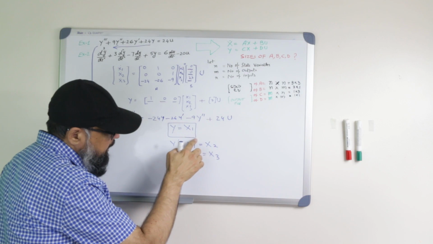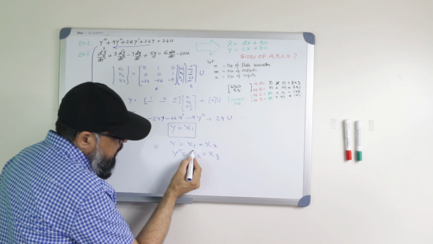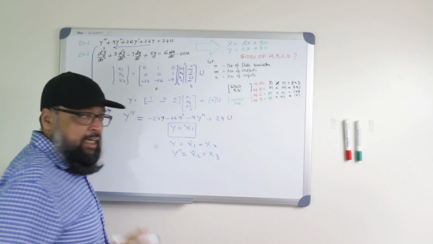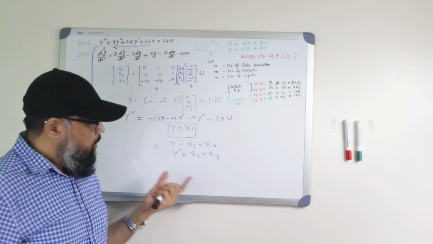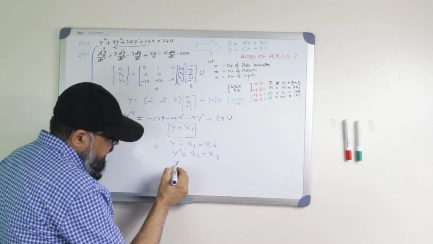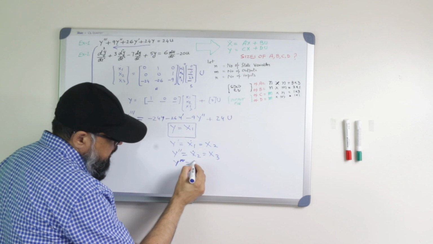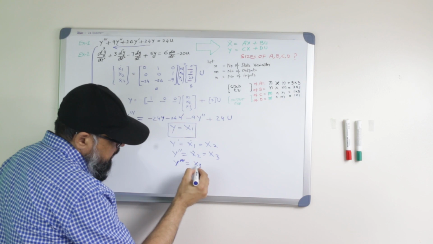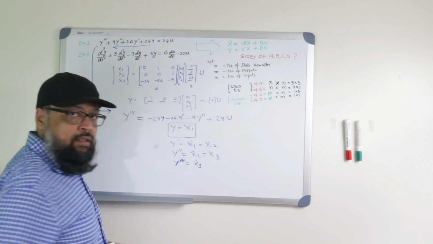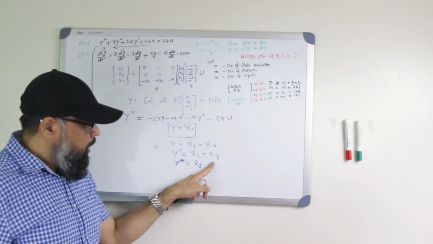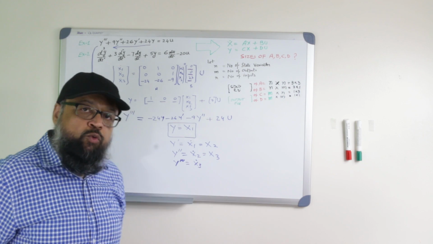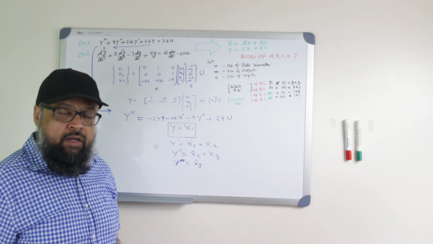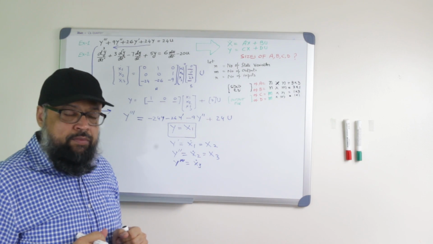So I am changing this dash to dot. There is no difference, they are exactly the same derivative, but we use dots. Similarly, y triple dash equals x3 dot, the derivative of this one. And we don't have to go even further. We don't have to take a fourth state variable, because we only need 3.